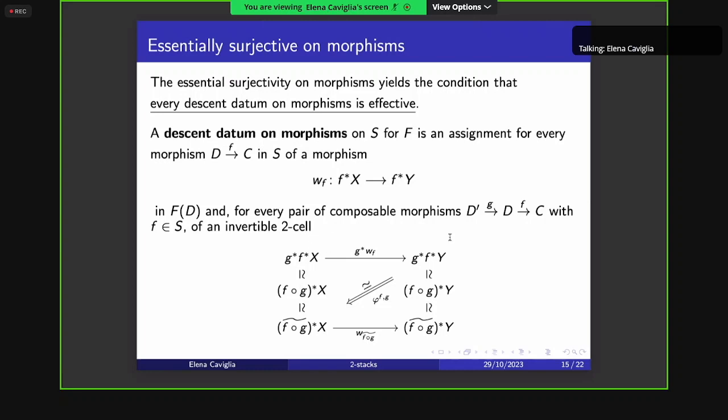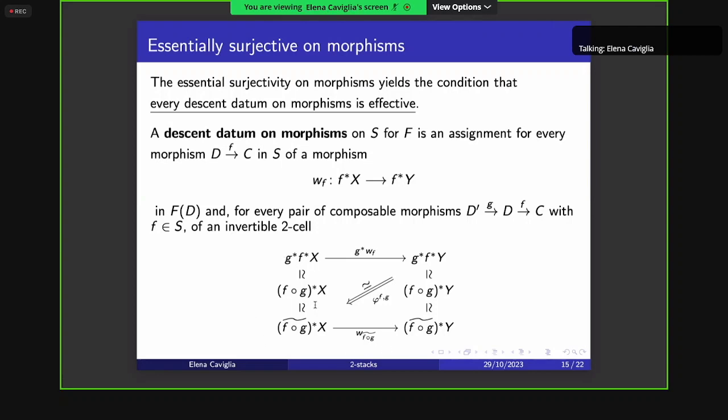In particular, if we consider a chain of morphisms like this, where F is in the sieve, there is an invertible two cell like this one that relates the descent along G of the morphism associated to F with the morphism associated to F composed with G tilde.